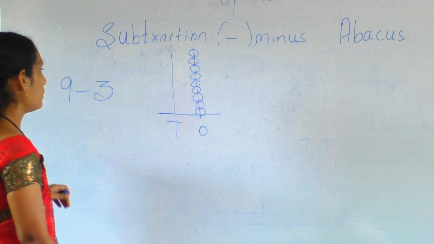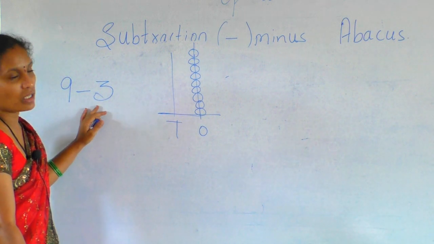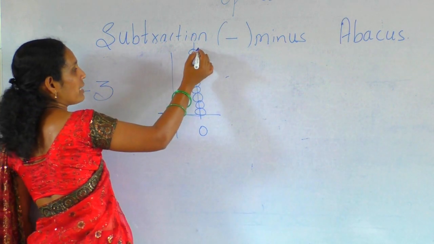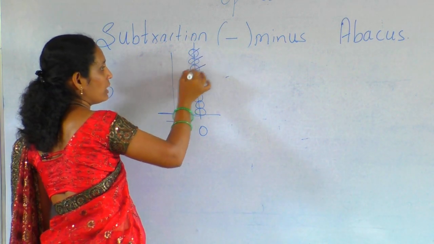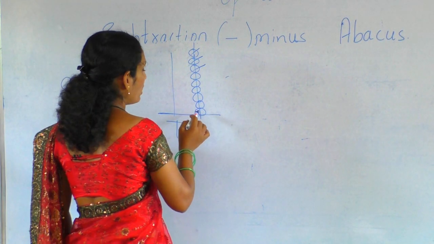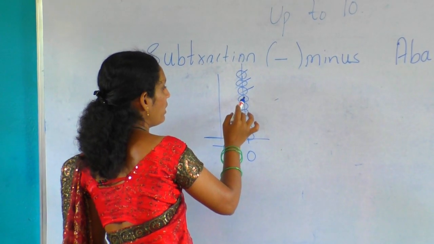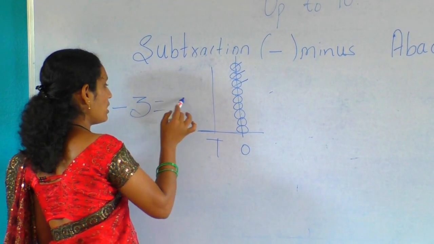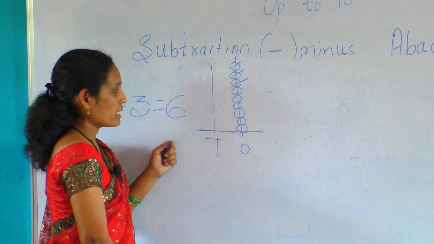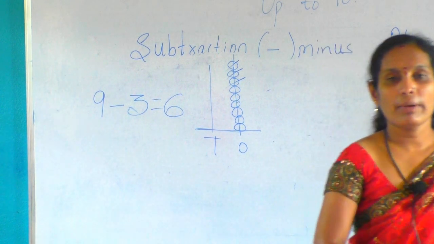Among 9, minus 3. This is not addition, so minus means we should strike out. Strike out 3 beads: 1, 2, 3. Count the remaining: 1, 2, 3, 4, 5 and 6. 9 minus 3 is 6. The answer is 6. Like this you should do on an abacus.